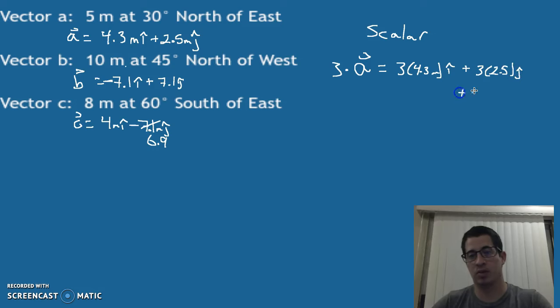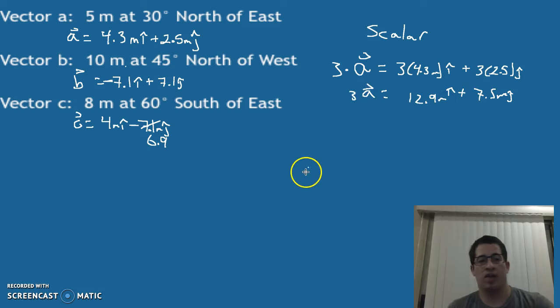We get 7.5 meters j, and 3 times 4.3 would be 12.9 meters i, and that would be equal to 3A.